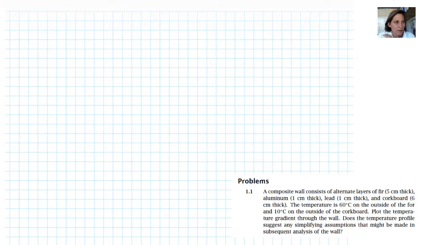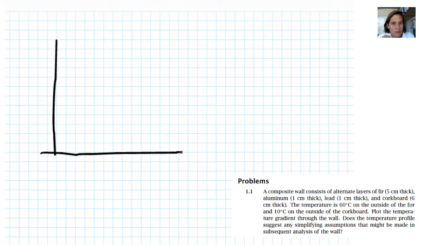Okay, so let me go ahead and do a sketch. So to me it looks a little bit like this. You have 4 different layers in this composite wall. I'll try to do this to scale. My drawing is very wonky.